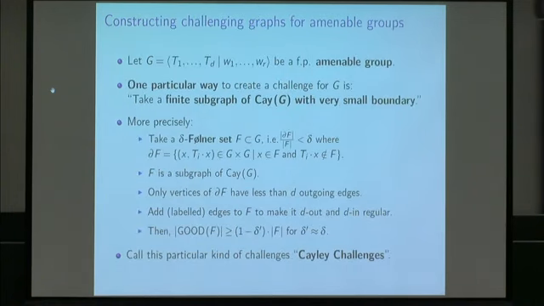So here is one particular way to generate challenges for an amenable group. Yes, always finitely presented, but in this slide also amenable. And here's the slogan of this one particular way to create a challenge. Take a finite subgraph of the Cayley graph with very small boundary.